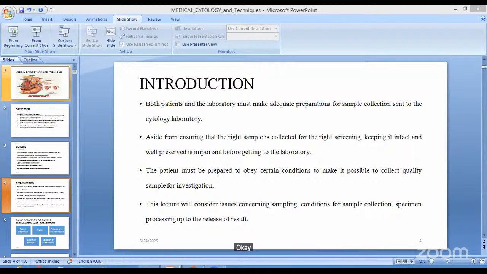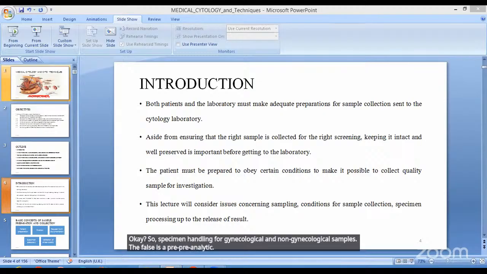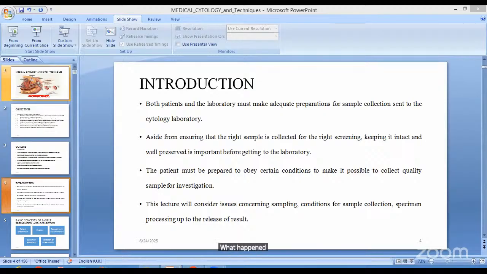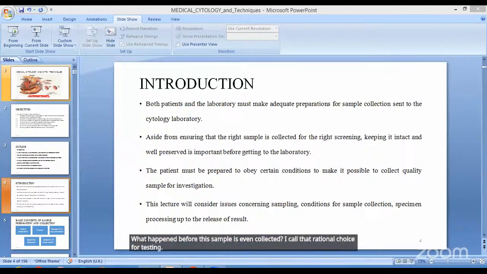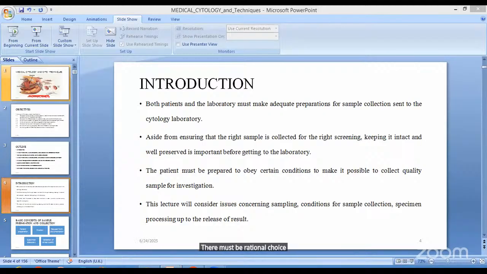Okay, so specimen handling for gynecological and non-gynecological samples. The first is the pre-analytic: what happens before the sample is even collected? I call that rational choice for testing. There must be rational choice for testing. The test must be fit for purpose.